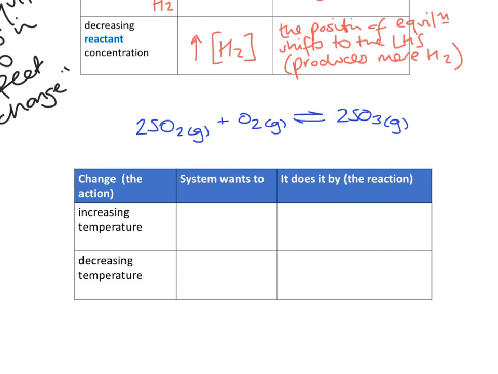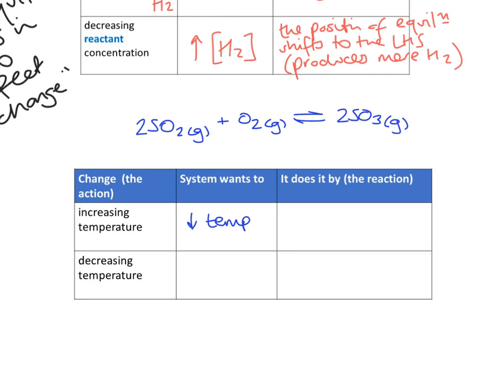The next factor is temperature. Now, if you increase the system's temperature, then the system wants to react by decreasing the temperature. To know how to respond to this, you need to know some information about the reaction that you're looking at.